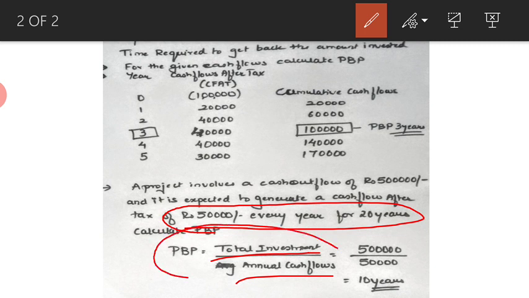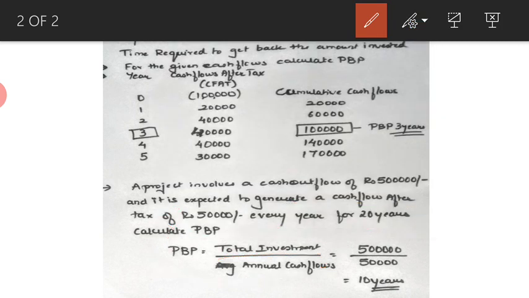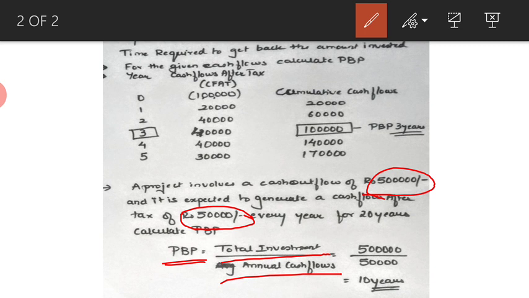So payback period is equal to total initial investment, that is 5 lakh rupees, divided by uniform annual cash flows, that is 50,000. So 5 lakh divided by 50,000 gives you 10 years. The payback period for this project would be 10 years.